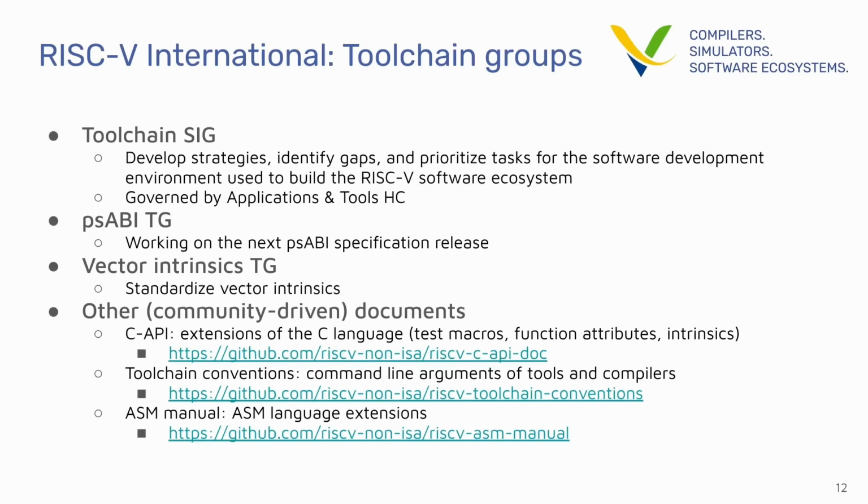For example, we have the C API, which includes extensions of the C language, for example, test macros, function attributes, or intrinsics. There are also toolchain conventions, which standardize the command line arguments of tools and compilers. And finally, there is the assembly manual, which defines and specifies the assembly language extensions.